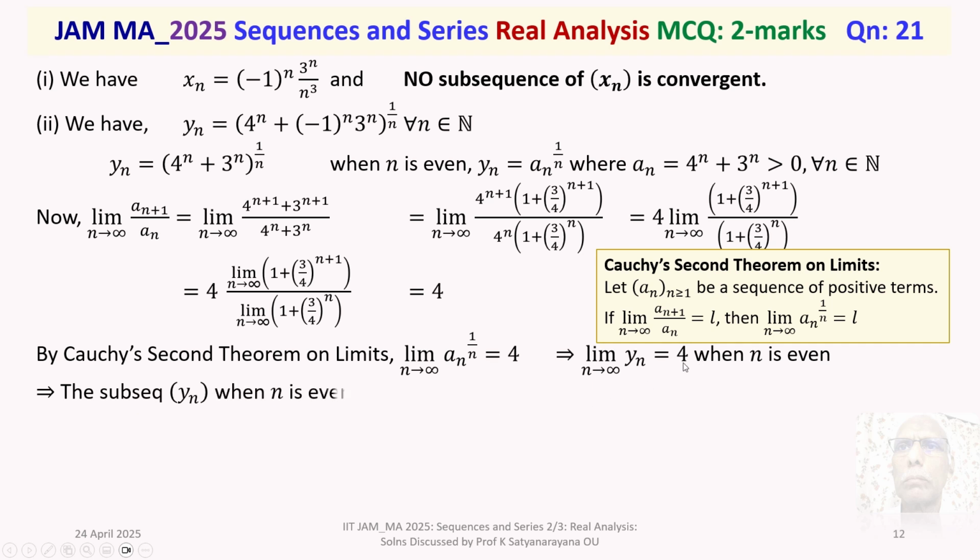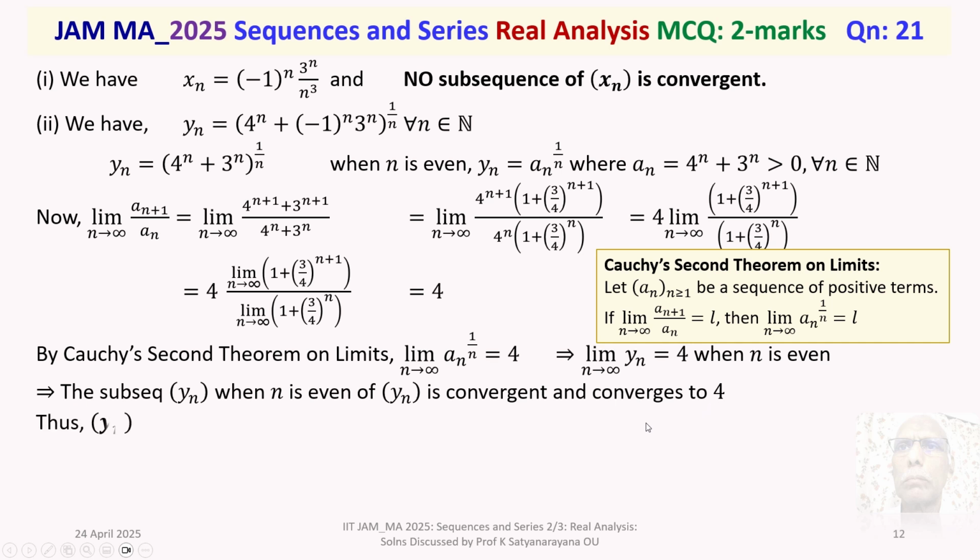So thus, when n is even, collect the subsequence of even terms. The subsequence yn, when n is even, that means you are collecting the subsequence of even terms of the sequence yn, is convergent and converges to 4.